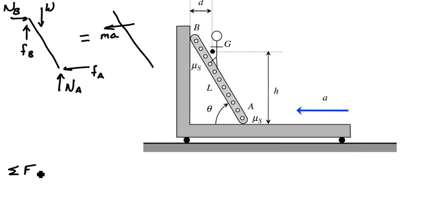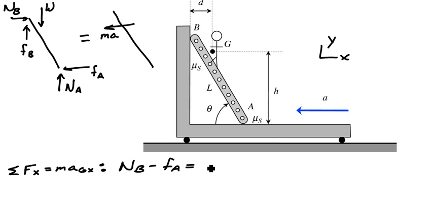So to help us out, now that we have this free body diagram, we can go ahead and apply our kinetics equations. I'll start by summing forces in the x direction and setting that equal to m times aG in the x. If I do this using conventional xy axes, what I'm going to have here is that NB minus FA is going to equal minus ma.